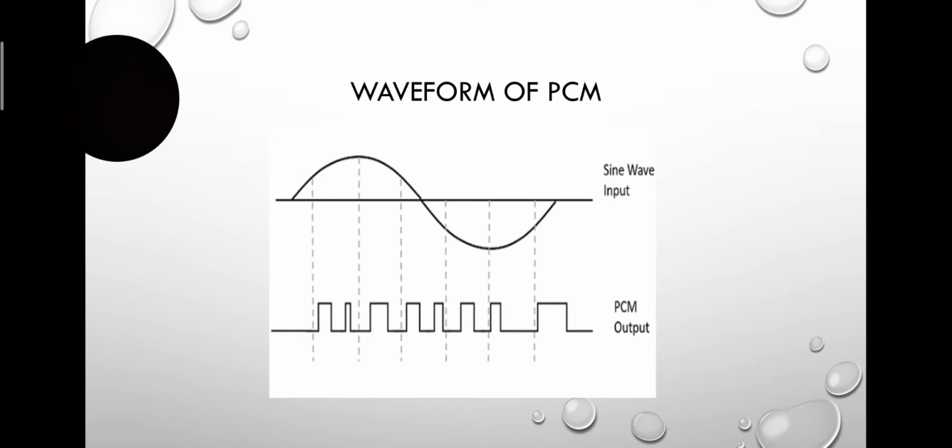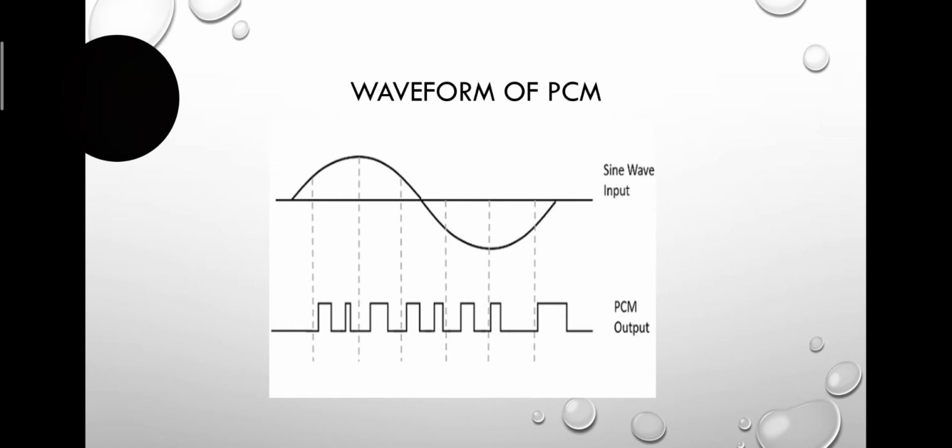Instead of a pulse train, PCM produces a series of numbers or digits, and hence this process is called digital. Each one of these digits, through a binary code, represents the approximate amplitude of the signal sample at that instant.